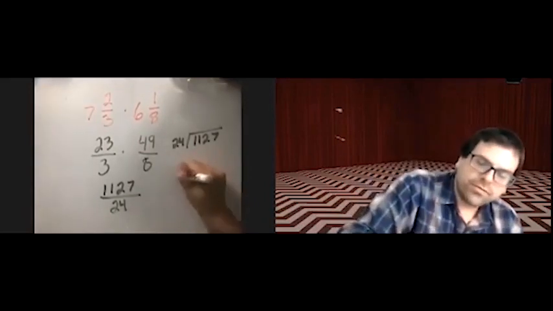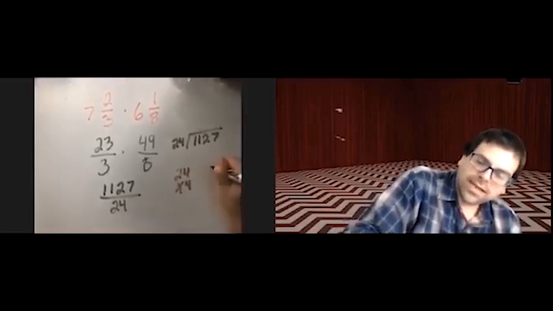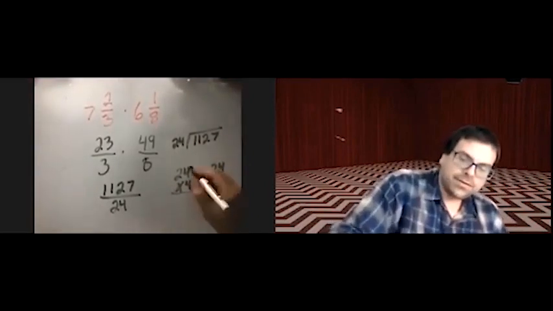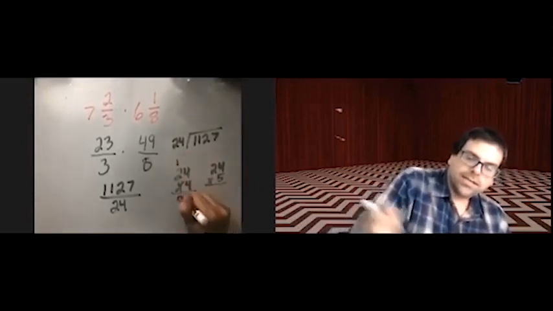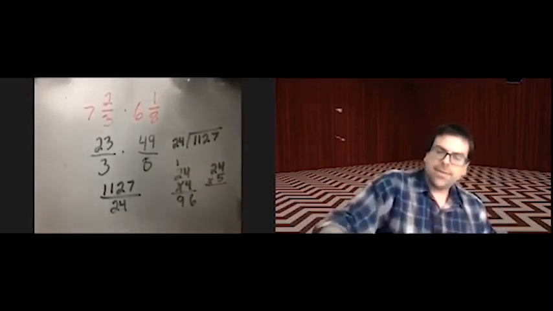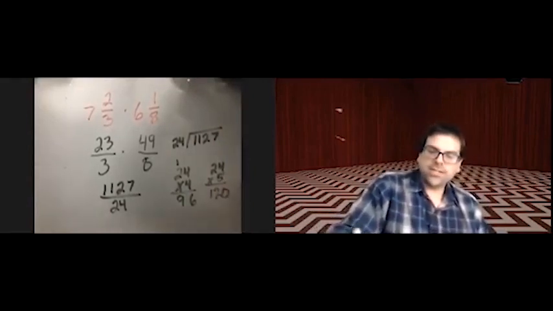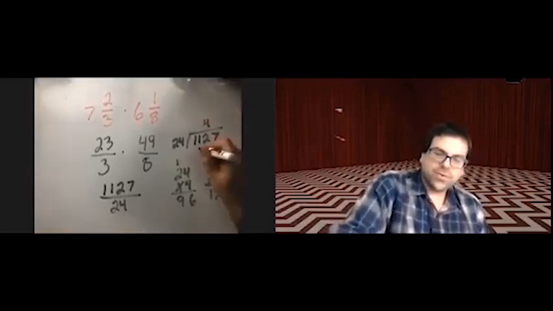So let's look at 24 times 4. Let's take a look at 24 times 5 and make sure that 5 doesn't fit in. 4 times 4 is 16. Carry the 1. So that's 96. Times 5 is 120. So 5 won't fit, but 4 does. 4 times 24 is 96.